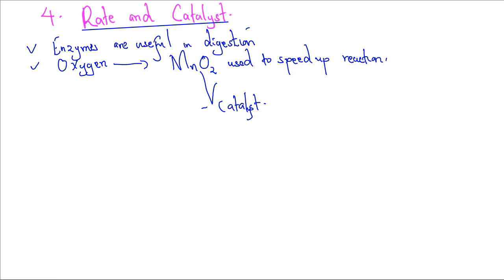This manganese 4 oxide cannot show a decrease in mass. It doesn't participate in the reaction. It only speeds up the reaction rate. This means that it is not consumed in the reaction.